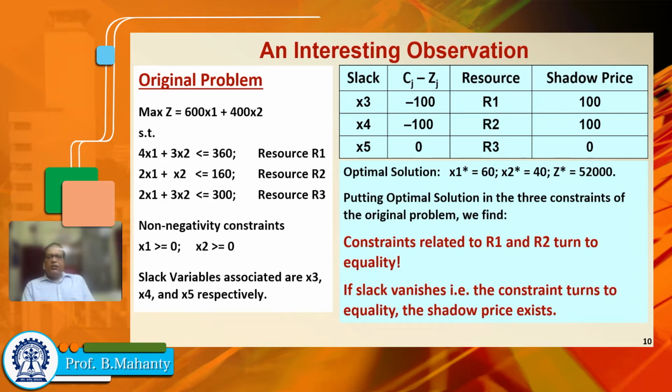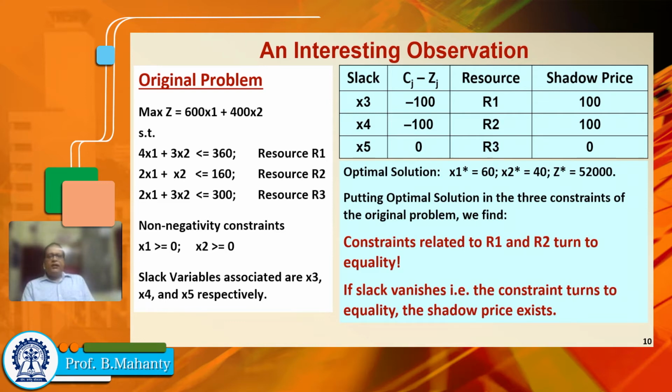Putting the optimum solution in the three constraints of the original problem, we find the constraints related to R1 and R2 turn to equality. Look here. Now, the shadow prices: R1 has a shadow price of 100, R2 has a shadow price of 100, and R3 doesn't have a shadow price, it is 0 only. Is it not?